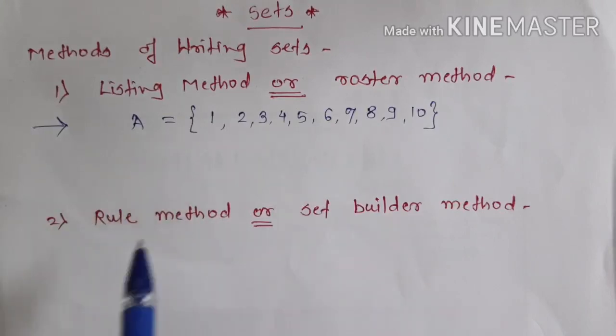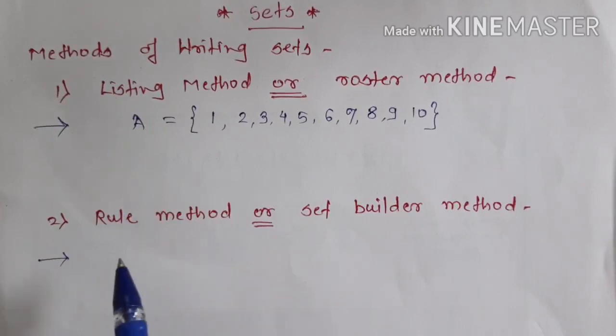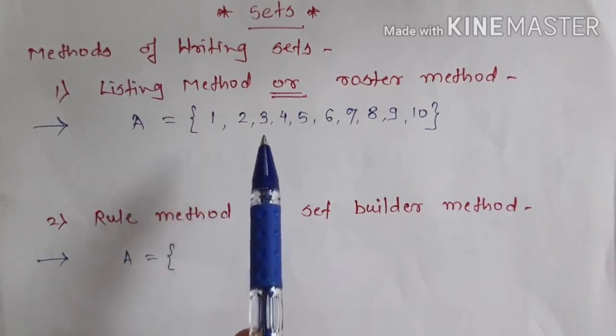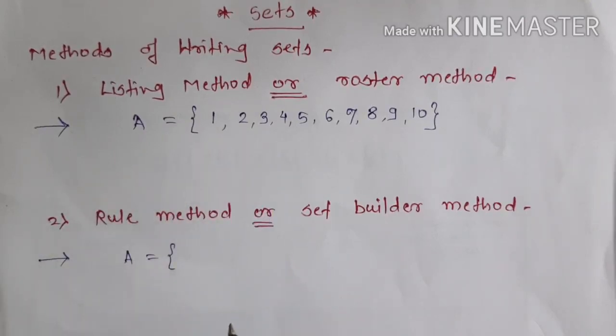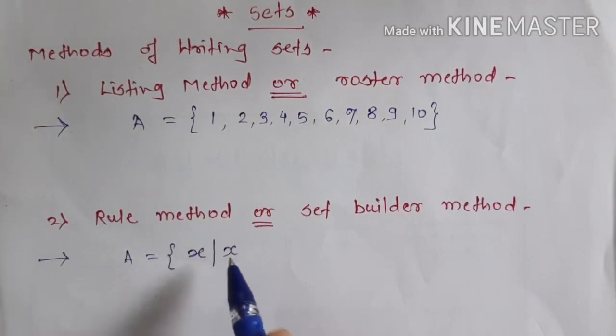Now suppose we have to write the same set in the rule method or set builder method. Again we'll give the name of the set in brackets. Here, instead of writing the elements in the set, we have to use the property that the elements contain. So we have to use a variable. Let the variable be x, such that x is a natural number.